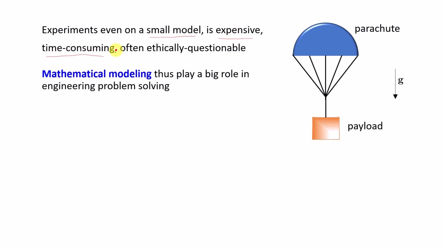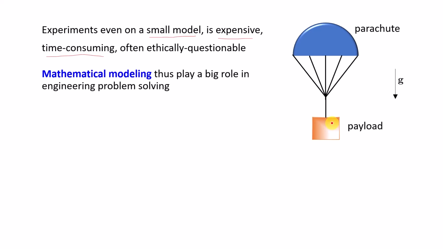It will take a lot of effort and a lot of money to make one of these. Even if you make a small model, you have to pay money and give time to make it. And then you have to actually do the experiment. In some of the experiments, your payload will be destroyed. So overall, it's a lot of effort, a lot of money and a lot of time.